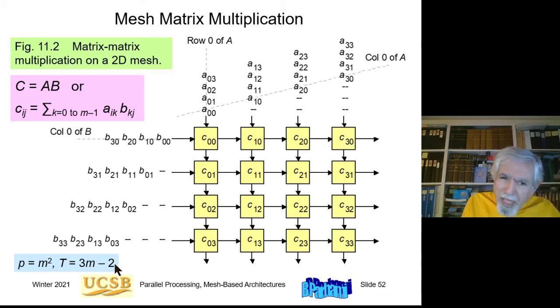It's still order m. Matrix multiplication is order m cubed on a sequential machine, but here we have m squared processors and an order m running time.